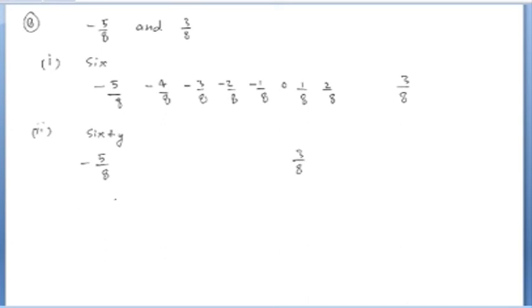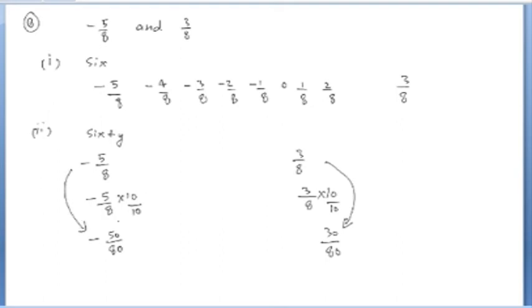So what we can do, multiply it with 10. So minus 50 by 80 and 30 by 80. So these are similar numbers because they are equivalent.